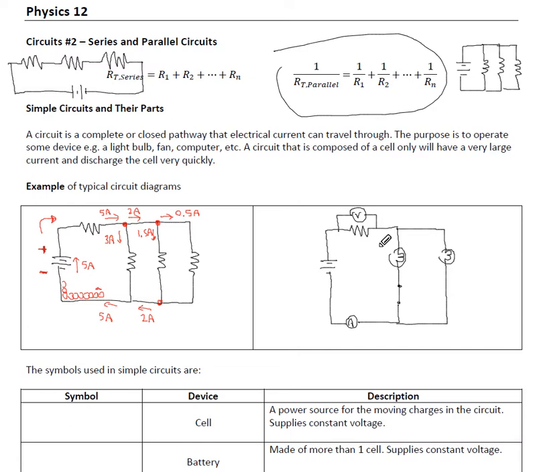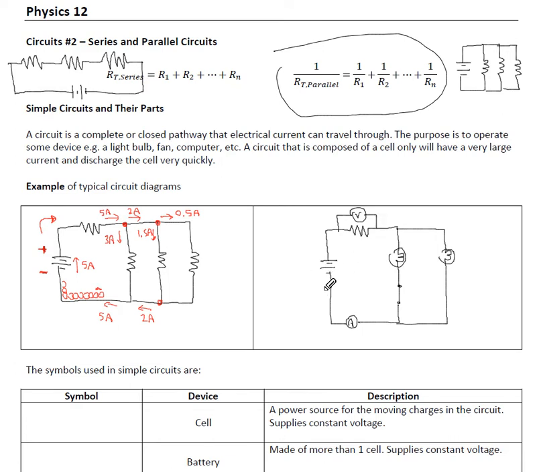Okay. So this is a circuit, and when you do circuits, you should have a ruler. I'm just drawing right now, but you should be redrawing it with a ruler, making nice straight edges, 90-degree corners.